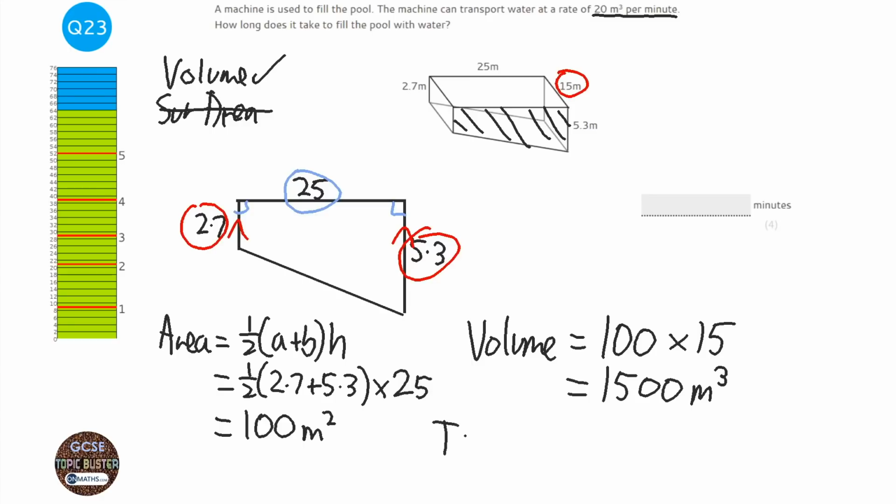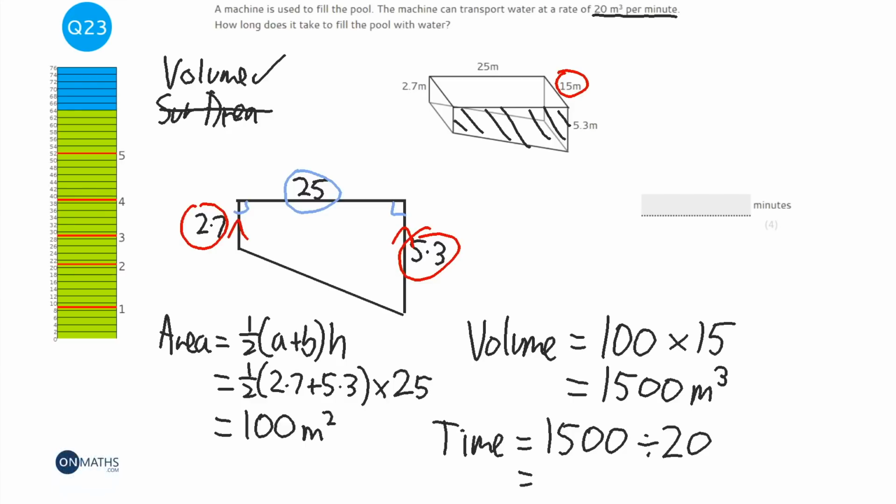So we can say time equals, so this is how much it's got to fill, and this is how much it does per minute. So on the calculator, 1,500 divided by 20, which equals 75 minutes. So it's going to take 75 minutes to fill the pool.